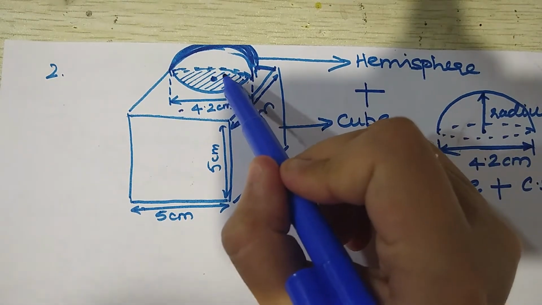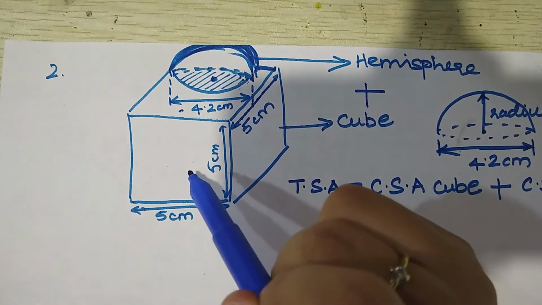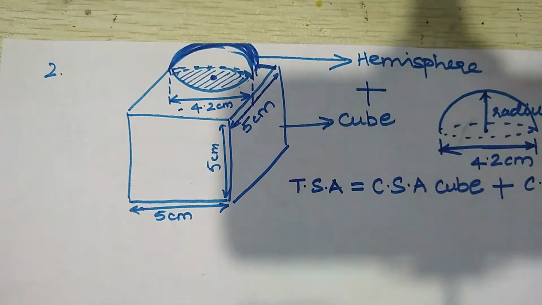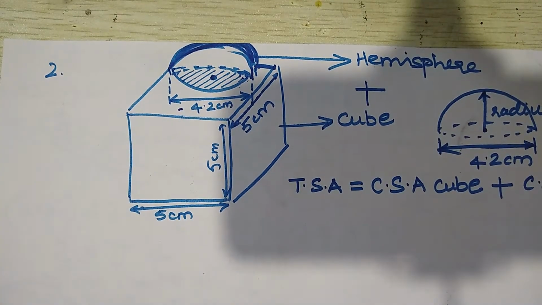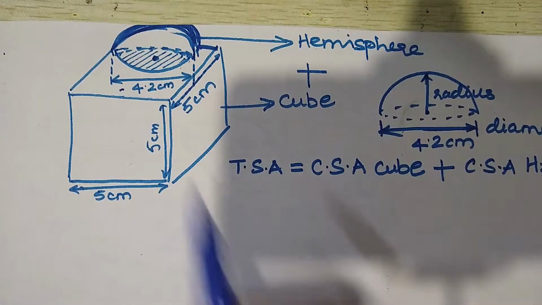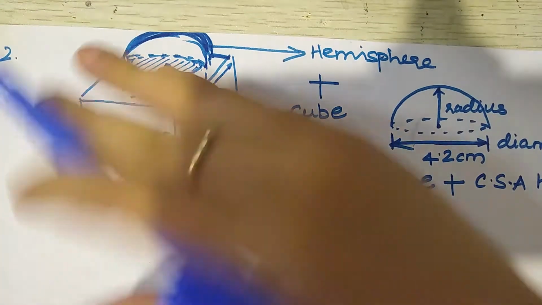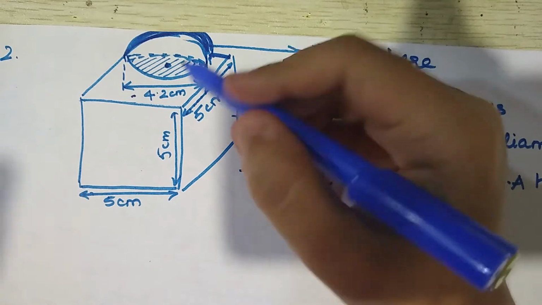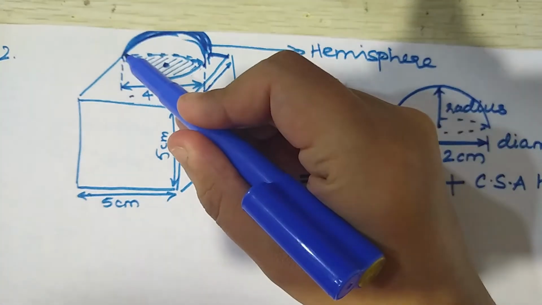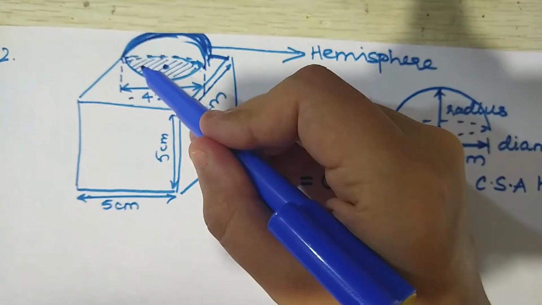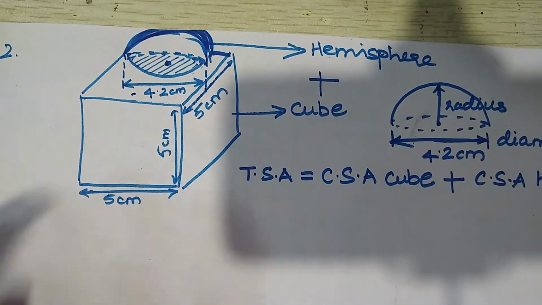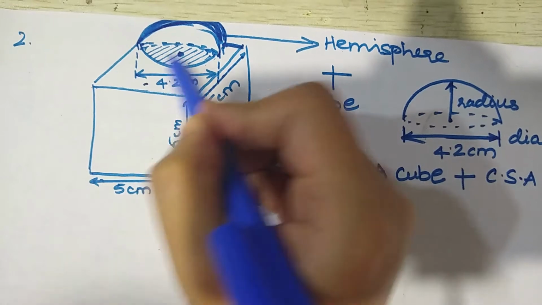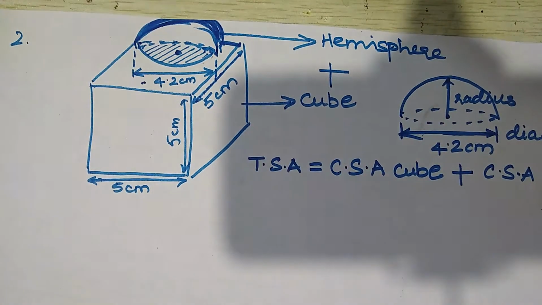So we'll have to deduct it from the hemisphere side, or else it will give you some extra dimensions, which is this whole region will be doubled. We don't want that to happen, right? So we will have to remove this section from the hemisphere part because it's already added in the cube, because it's already set up on the cube, right? So that section will have to be deducted from the hemisphere.